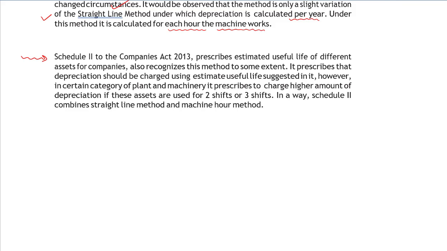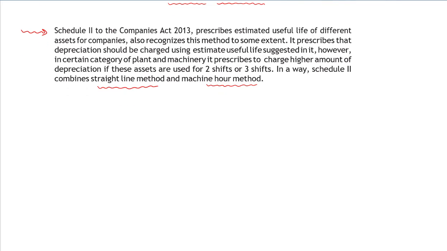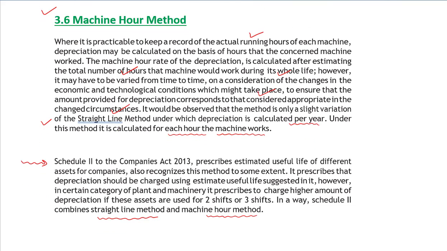It prescribes that depreciation should be charged using the estimated useful life suggested in it. However, for certain categories of plant and machinery, it prescribes a higher amount of depreciation if these assets are used for 2 shifts or 3 shifts. In a way, Schedule 2 combines the straight line method and the machine hour method both. I believe you must have understood the machine hour method till here.